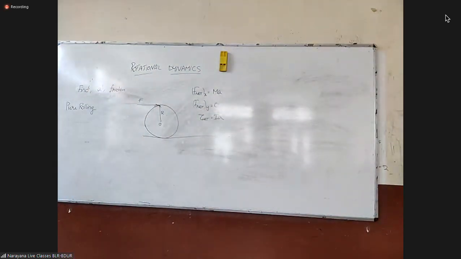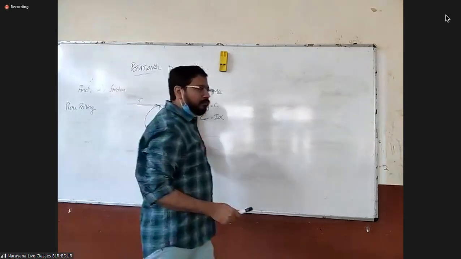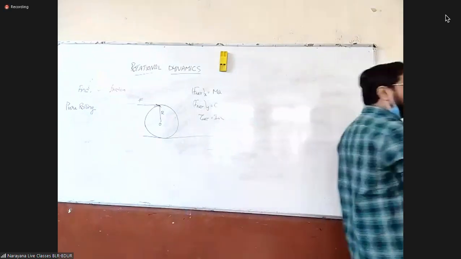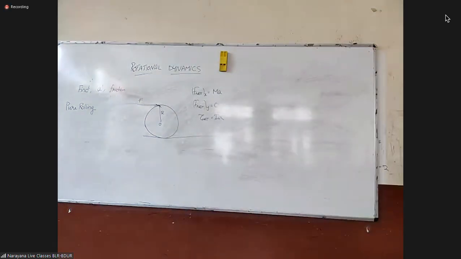Understood? Whenever rotation and translation come together, or the body is coming down an inclined plane, what will you do? mg cos for normal, mg sin for frictional force. It's easy, no? Whenever the body is inclined, immediately mg cos, mg sin. Understood? For this, tell me what should we do?